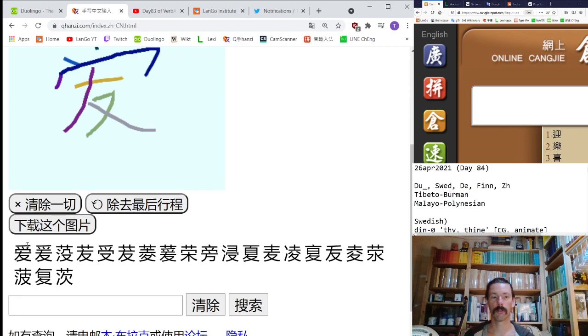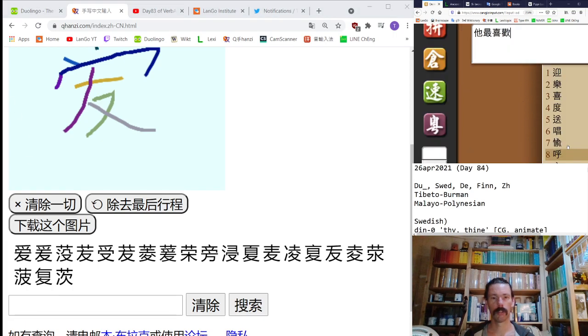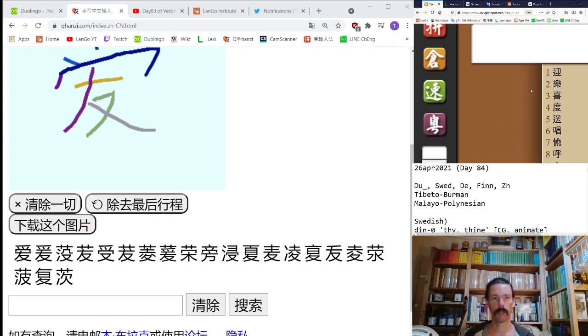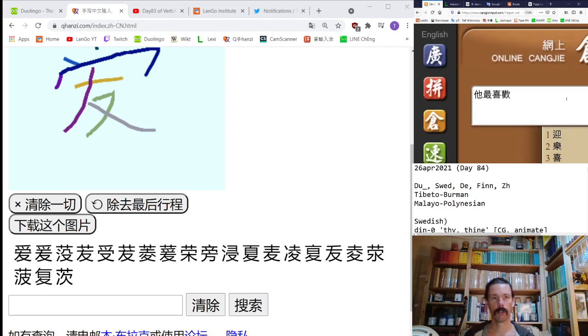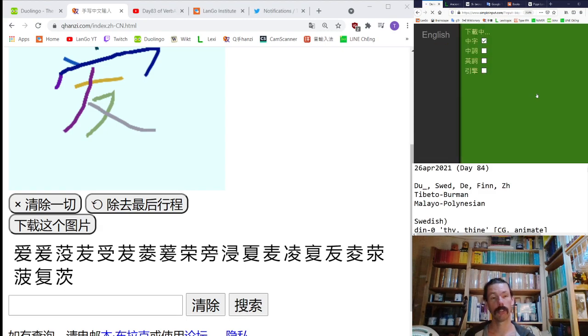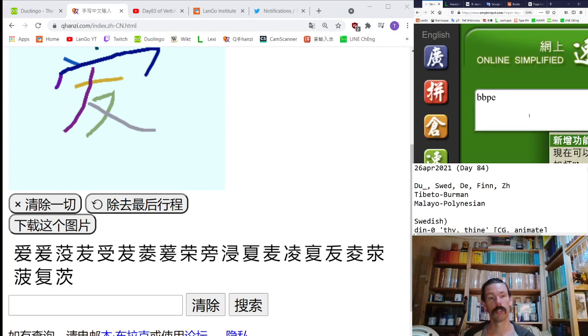I believe so. No. 爱. 对不对? Let's put it in the other lookup. Let's say 原文. Okay, it's not what I'm looking for. Actually, paste again. Alright, in traditional, B B P E, of course it's not working. Just cursing at this hour trying to do it.